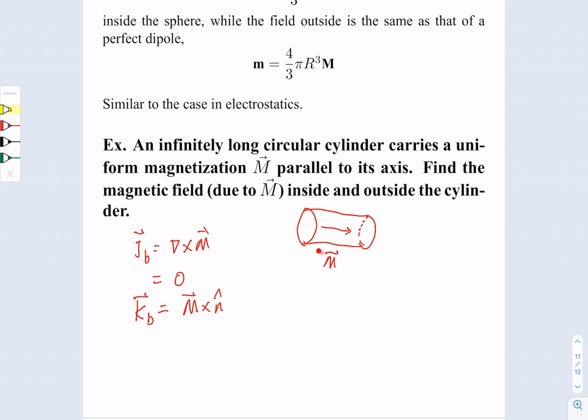Only on the side of the cylinder are there contributions to the bound current.